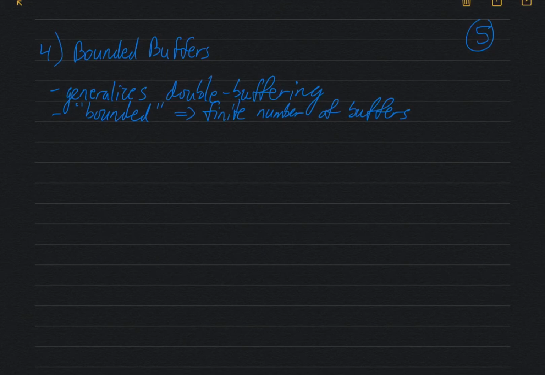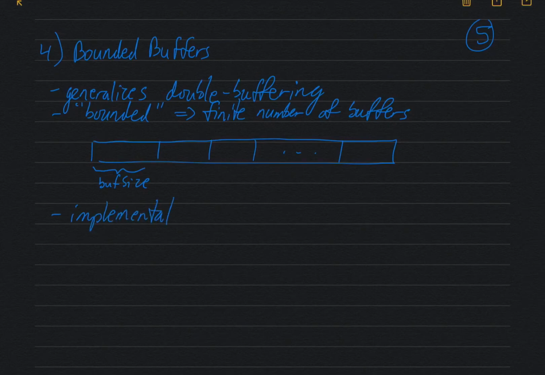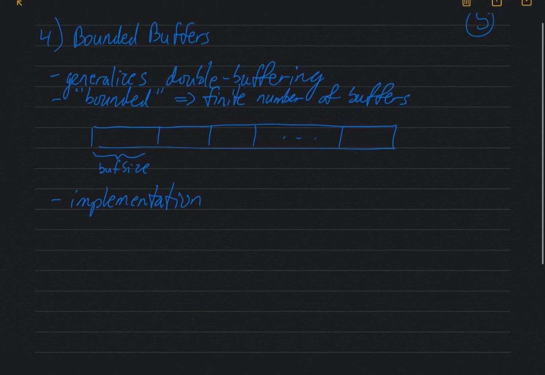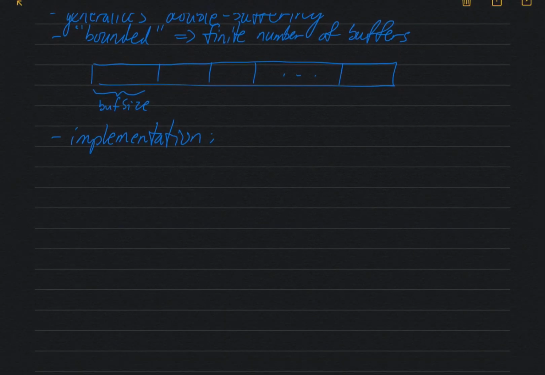and so we're going to have an array of n of these buffers now, and each of these is going to be of size buff size, and the implementation, well, we will have an array of n buffers, and we will have semaphores.